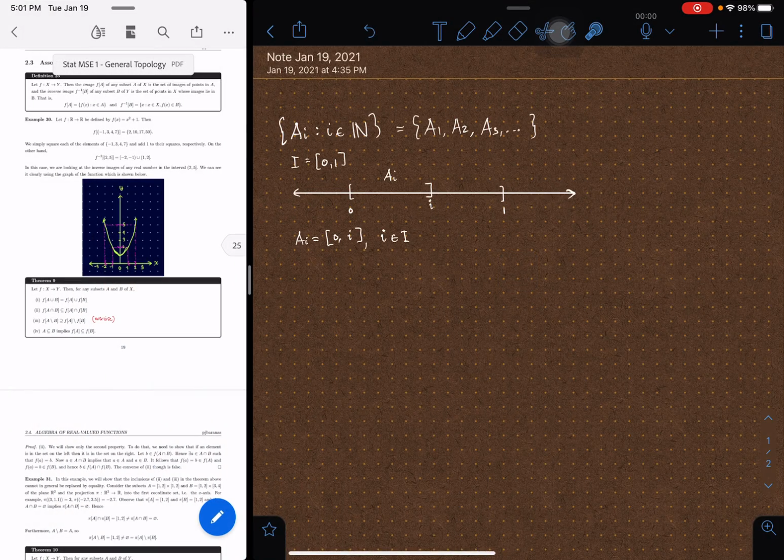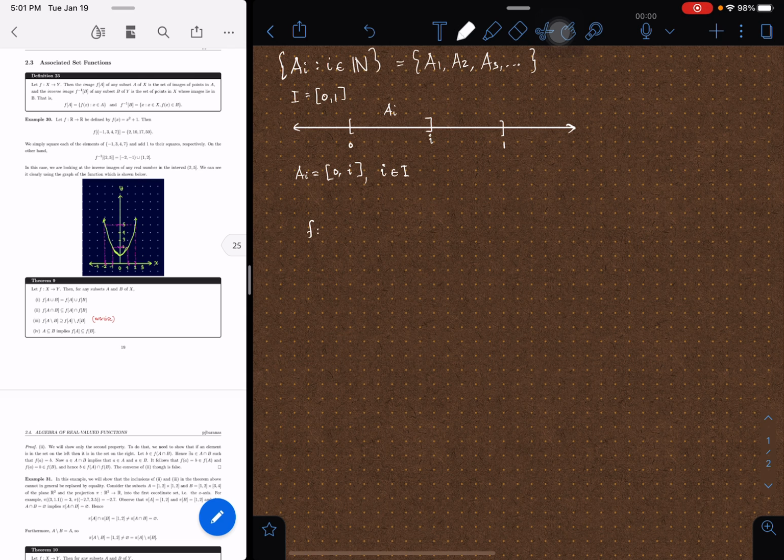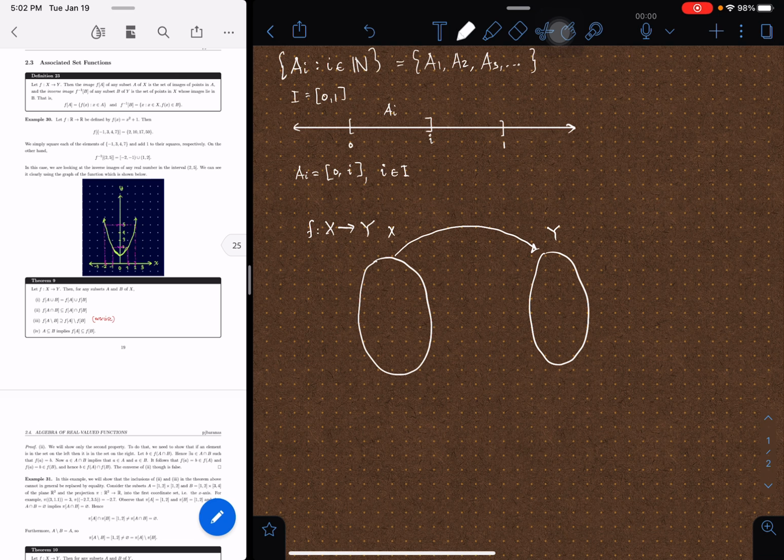So let's show that here. We have a mapping f from X to Y. So let's say this is our X and this is Y. Then we have, say, elements a and b in X, which are contained in A. Thus A is just a subset of X. And suppose that a is mapped to, let's say, w, and b is mapped to y.